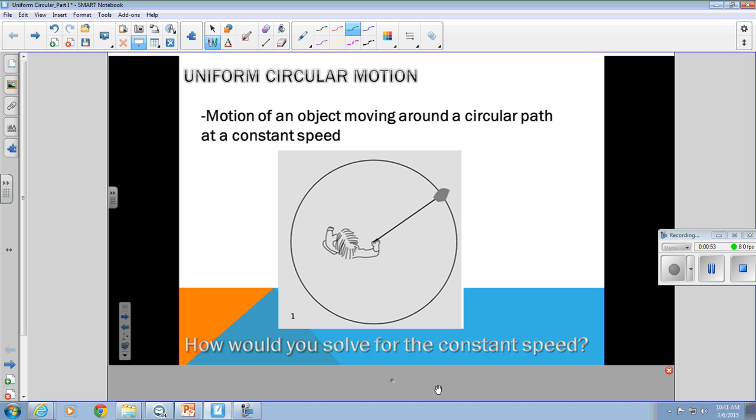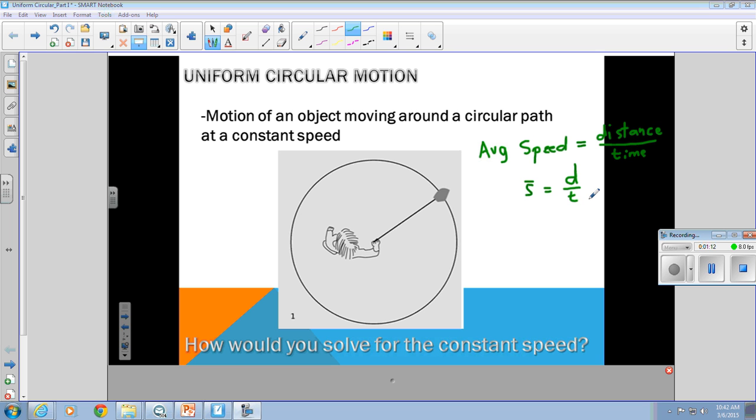So how would you solve for constant speed? Well, we know that average speed simply is distance over time, some form of distance over time. We would write that as average speed equals distance over time.